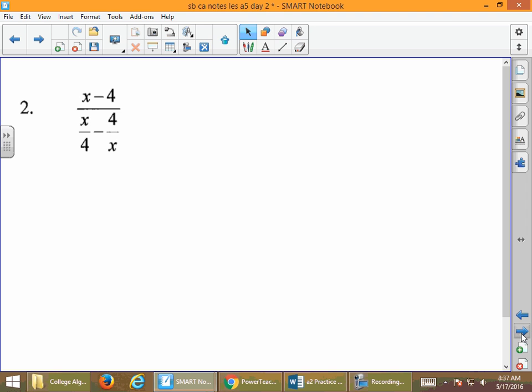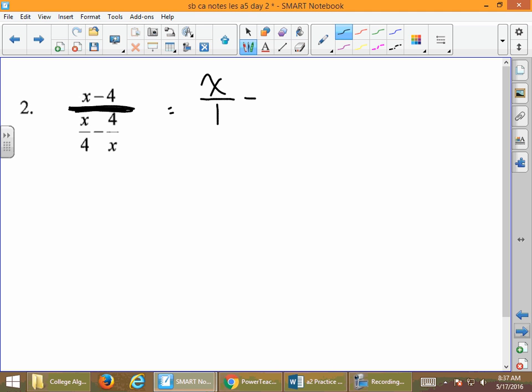On problem number 2, again, I'm going to put a darker division bar in so you can see this. This time it's x minus 4 divided by x over 4 minus 4 over x. We need to find the common denominator. If you prefer, we can write this problem as x over 1 minus 4 over 1 divided by x over 4 minus 4 over x.